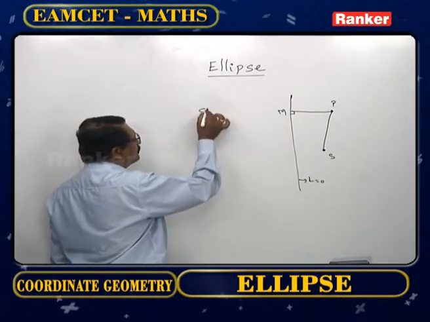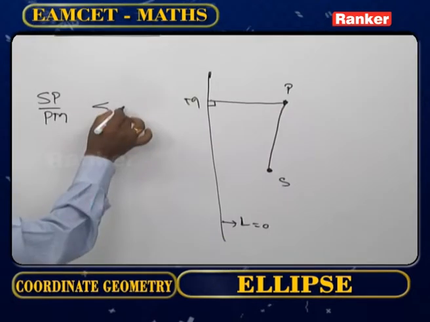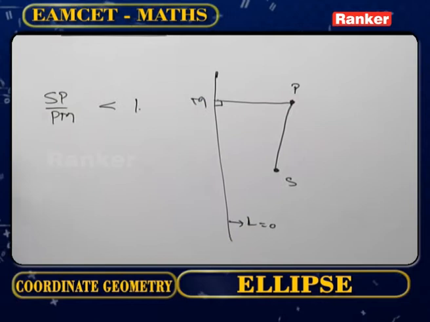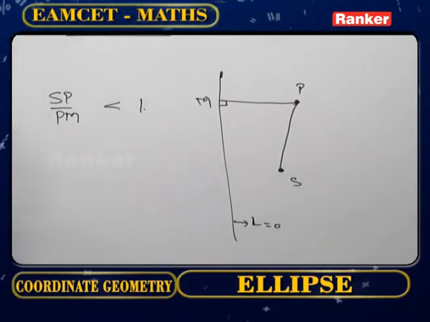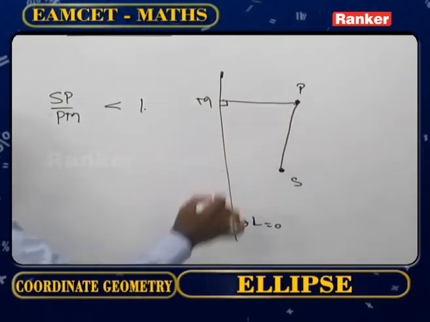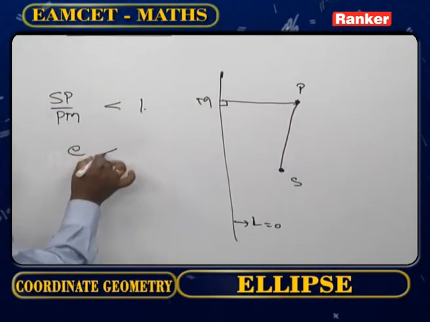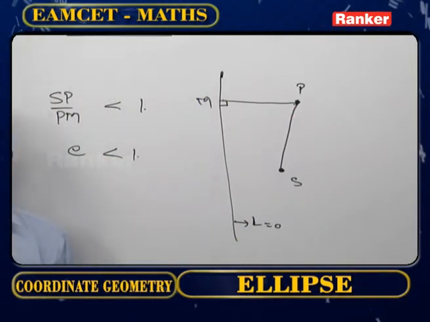If SP by PM is less than 1, then the locus of the point P is an ellipse. Here SP by PM is nothing but the eccentricity. Eccentricity less than 1 means the locus of the point P is an ellipse.